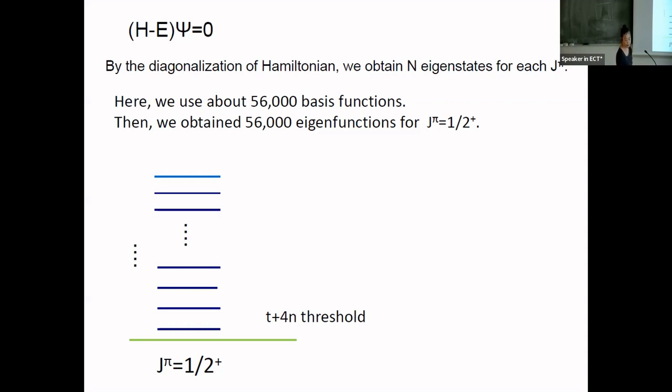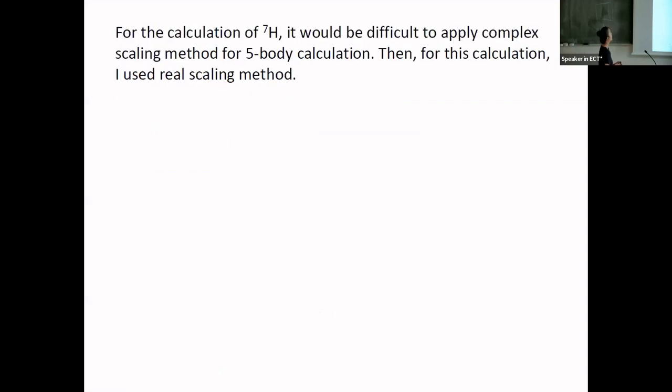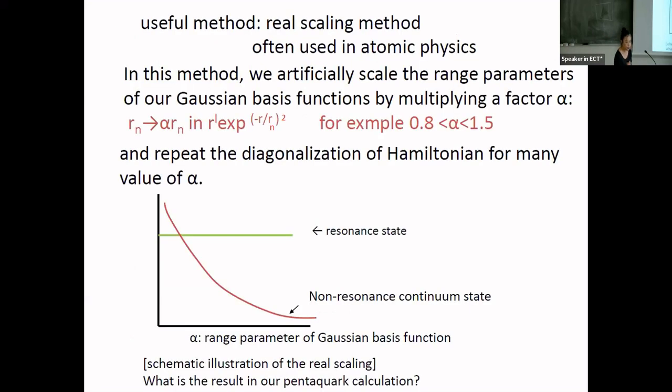But for the calculation of hydrogen-7, it would be difficult to apply the complex scaling method to the 5-body calculation. So for this calculation, I use a real scaling method. This is one of the useful methods which has often been used in atomic physics.